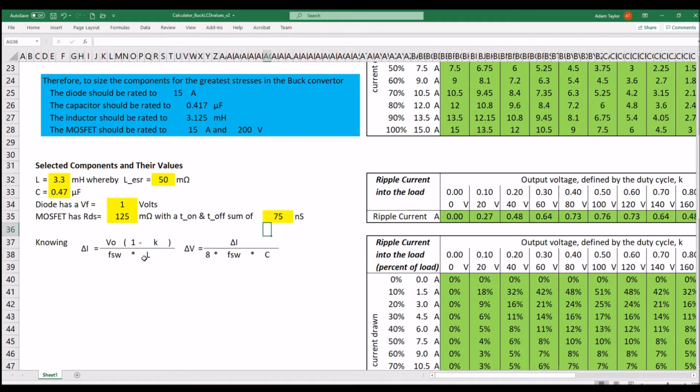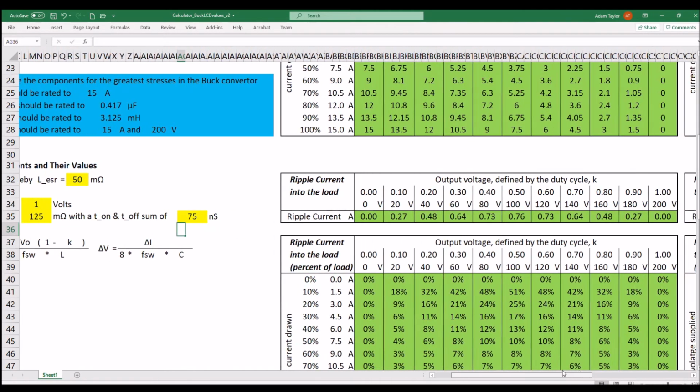Then we can put these values in for differing values of K, and for differing loads, we will get a differing ripple current, and that's what we've done over here. And similarly with the ripple voltage, for a differing value of the voltage, we will get a differing value of the ripple.